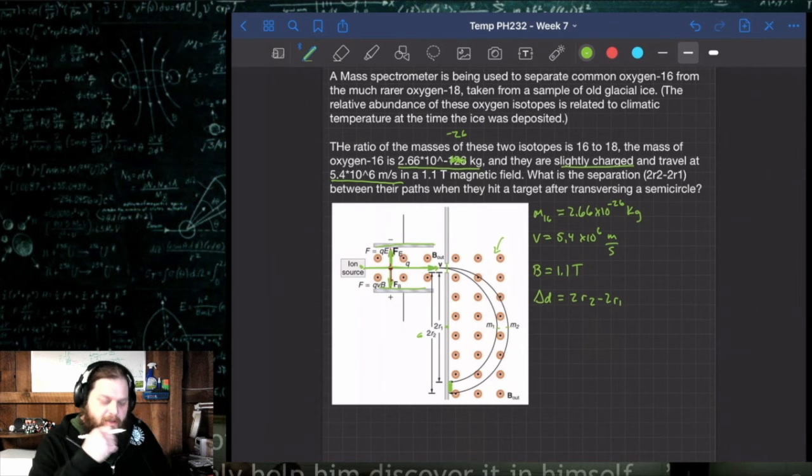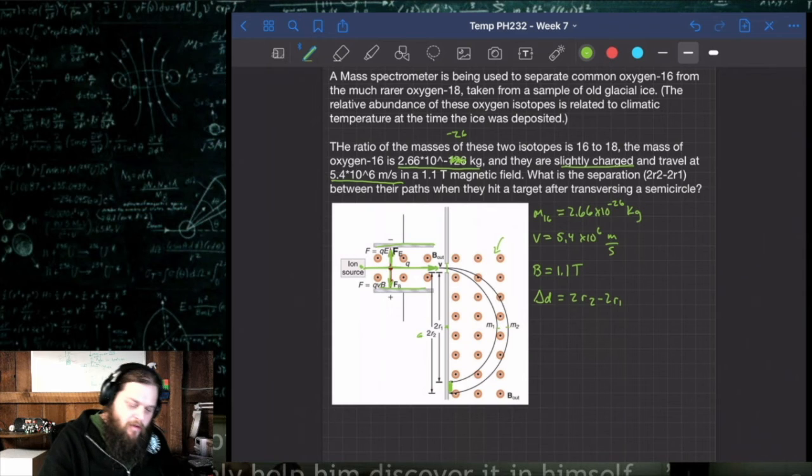So we can use some of the equations that we've learned. Earlier we defined the radius r is equal to mv over qB.